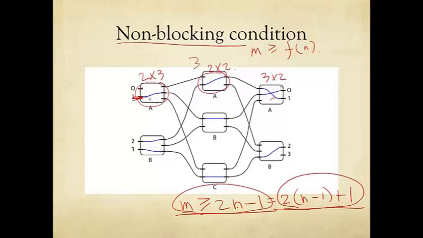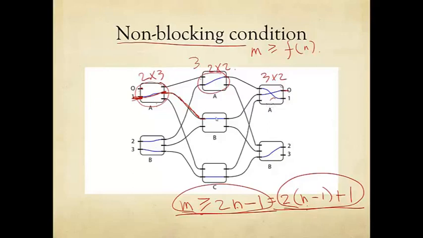Well, one possibility is I can connect input port 1, the lower input port, to the middle output port of this input switch A. Since it's connected to the middle output port of switch A, it naturally goes into the switch at the middle stage. Now it needs to go to this output port, and therefore needs to first arrive at this output switch.